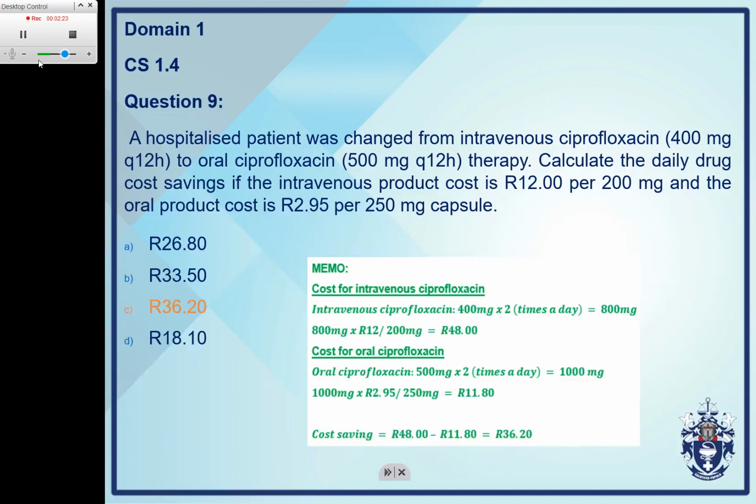So in order to calculate the cost saving, you have to subtract the cost of the oral route, which is 11.80, from the cost of the intravenous route, which is 48 Rand. So the saving is 36.20 Rand, and you will see that's option C from the list of options given.